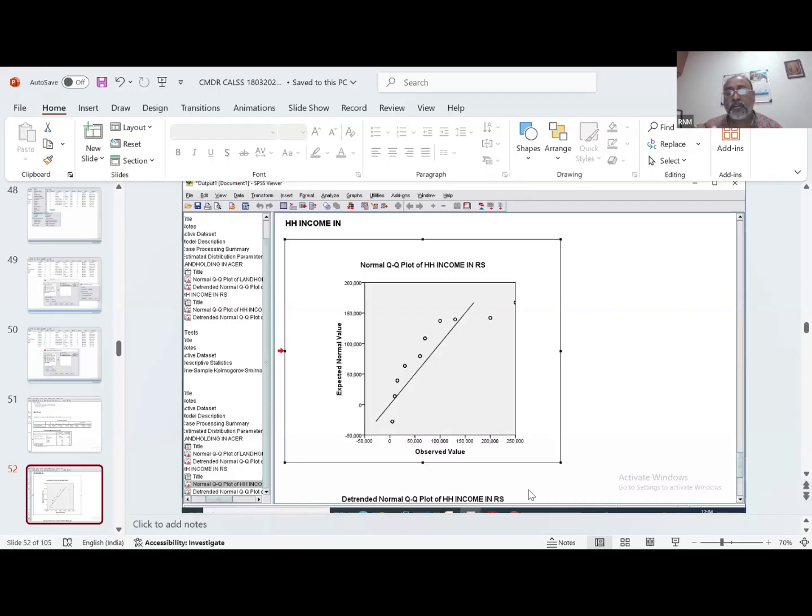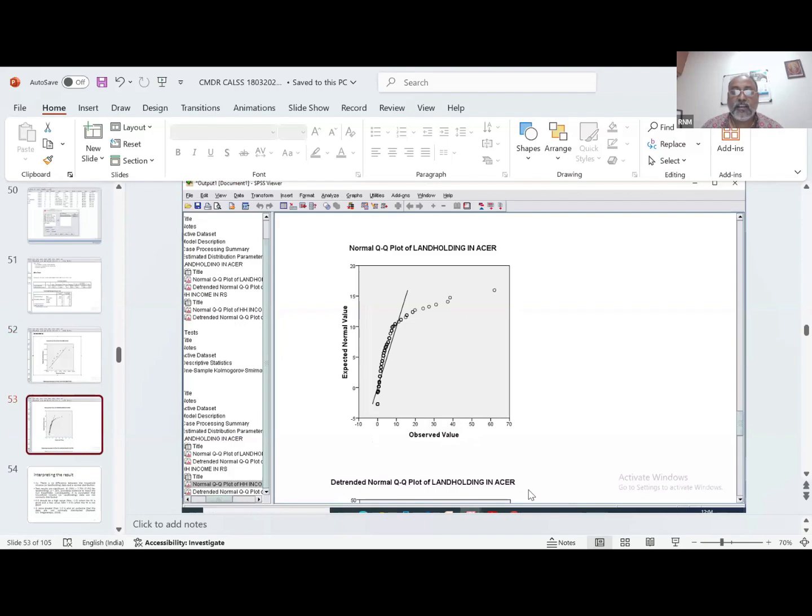From the QQ plot you can see the 45 degree straight line between observed and expected value, and how far the independent observed values are from this straight line. That also gives an indication of whether the data is normal or not. See, this is non-normal data.